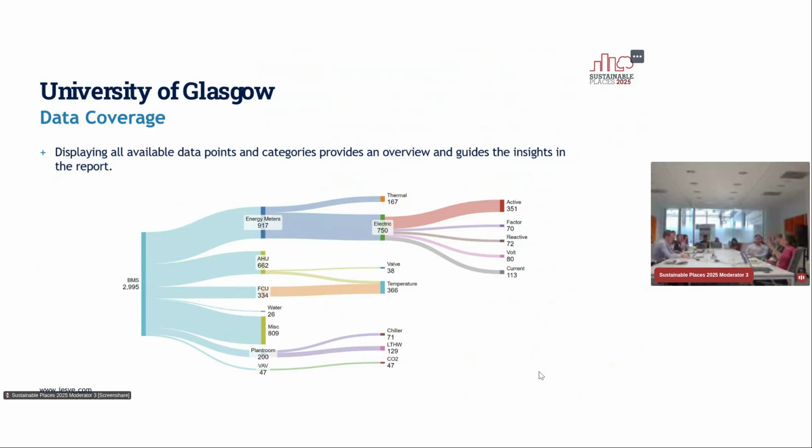This is an initial quantification just to get a sense of what was there. It was almost 3,000 BMS points, and universities in the UK in particular have a lot of data points from that perspective. And 917 energy meters specifically. So that already gave us an idea of what we could look at.